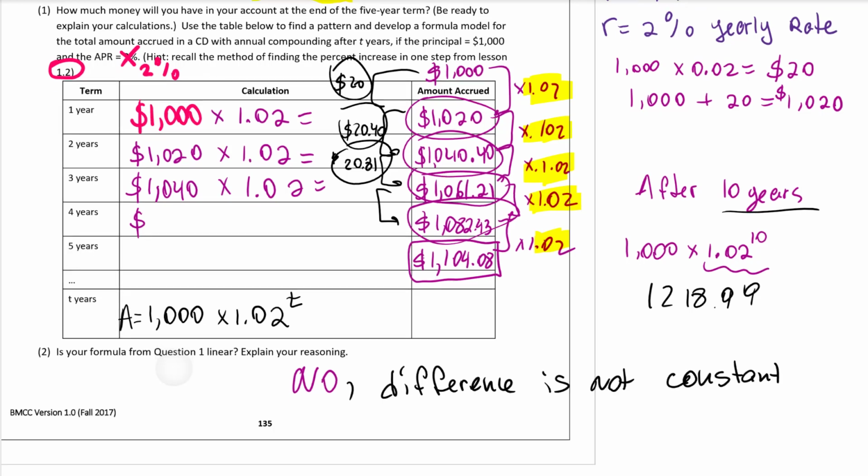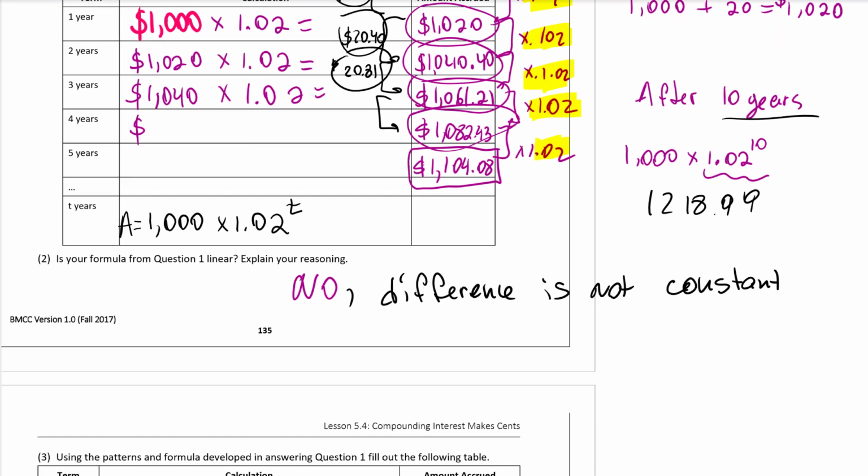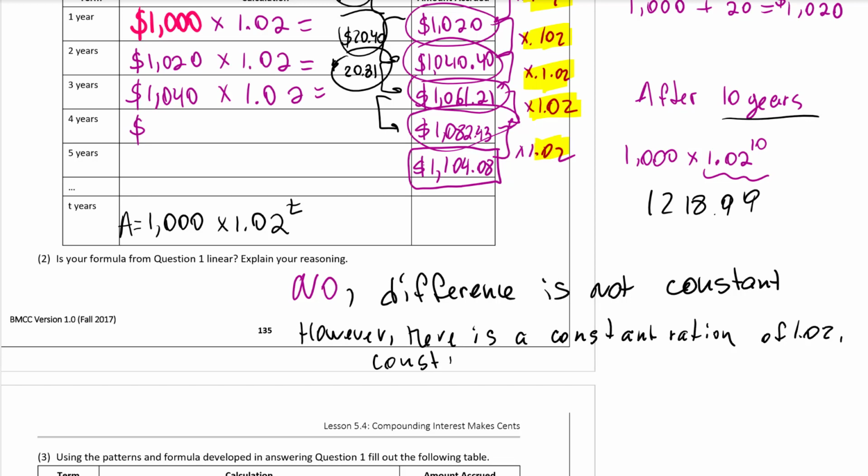There is something that's constant. There's a constant ratio of 1.02, which is called a constant growth factor.